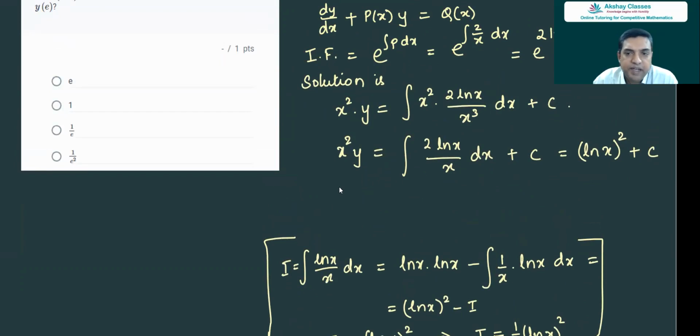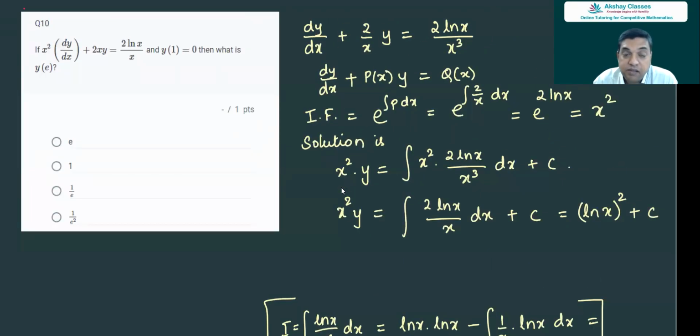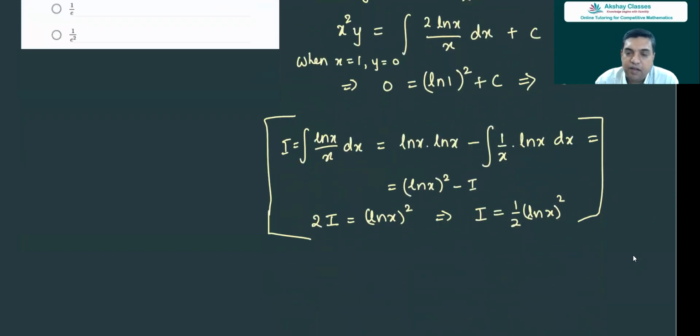Now, when x is equal to 1, y is 0. So we get 0 on the left hand side, log 1 on the right hand side plus c, which implies c equal to 0. Therefore, x square y is equal to log x the whole square.